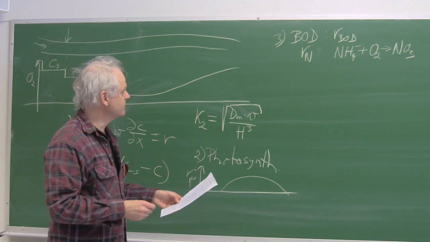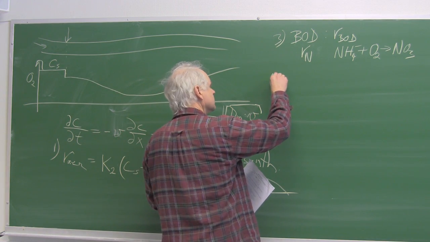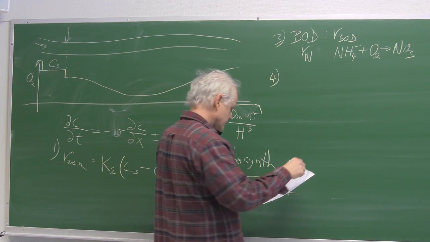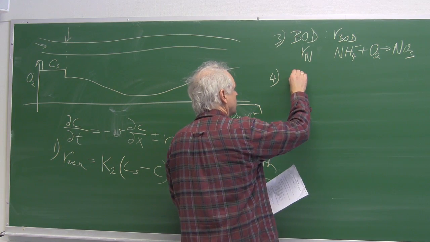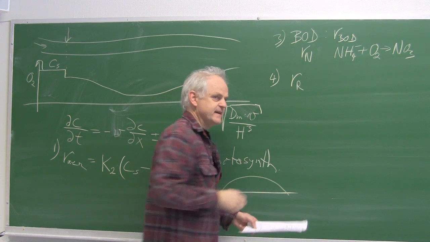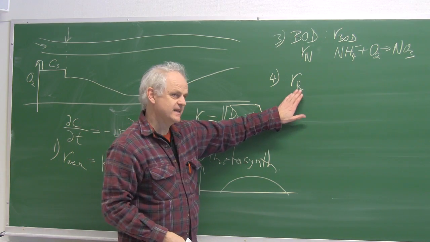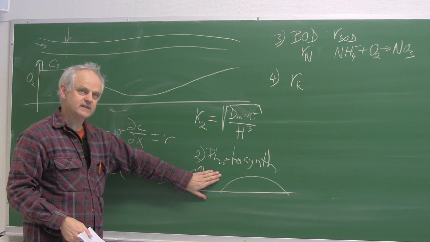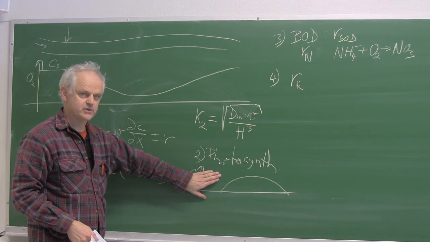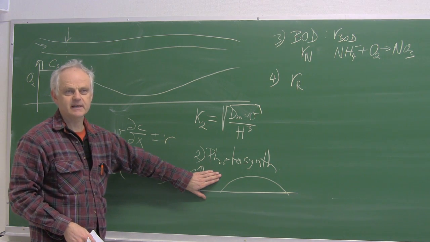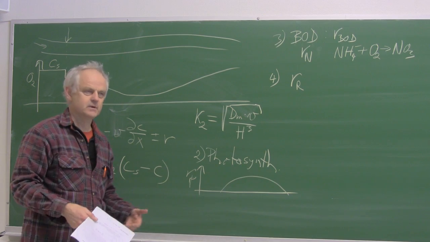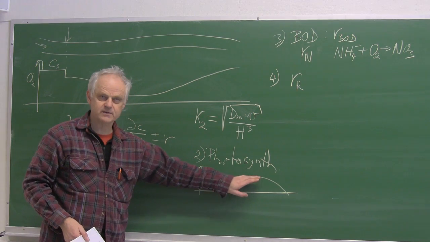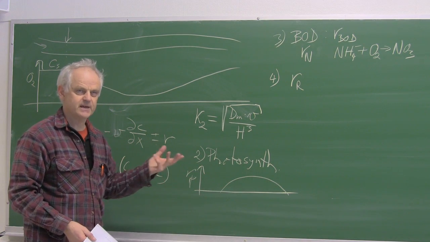And then we have a fourth process, also consuming oxygen, which is what we can call rate of respiration. And that is mainly what we have. The photosynthetic organisms produce oxygen during the day, but during the night they consume oxygen, just to maintain their activity, maybe to build new things from what they generated with the solar energy they got during the day.